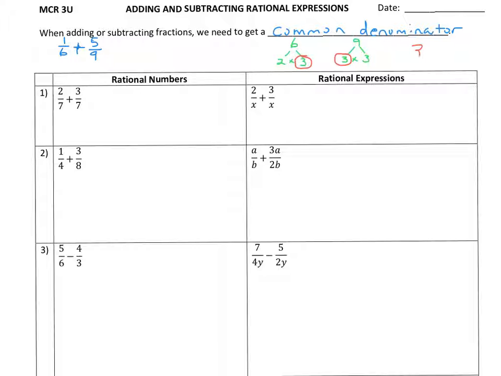So 3 would be one of the factors that I'm going to use in my common denominator. I also have, with the 6, a factor of 2, but I don't have a 2 in the factor of 9. So I need to include that as part of my prime factorization of the common denominator.